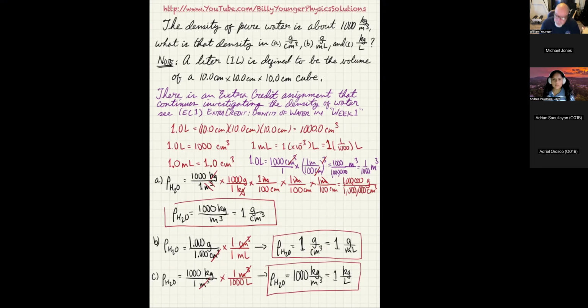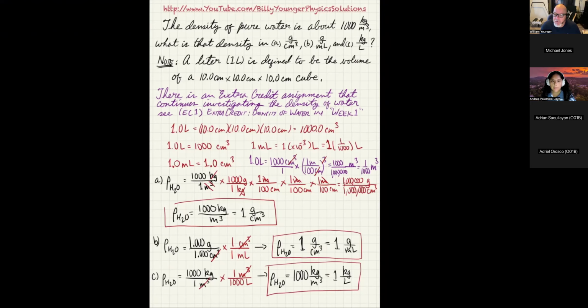Did you find what you were looking for there, Andrea? Yeah, I understood A, but I don't think B and C. I think you said B is just sort of working off of what happened with A, right? B is using the part just below the purple sentence where it says there is an extra credit. I worked out a definition of what the liter was, and what I found was 1 liter is equal to 1,000 cubic centimeters.